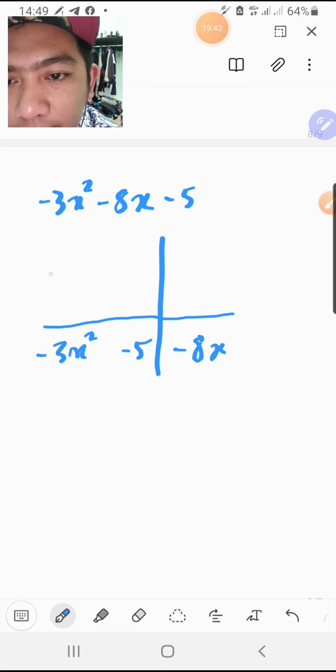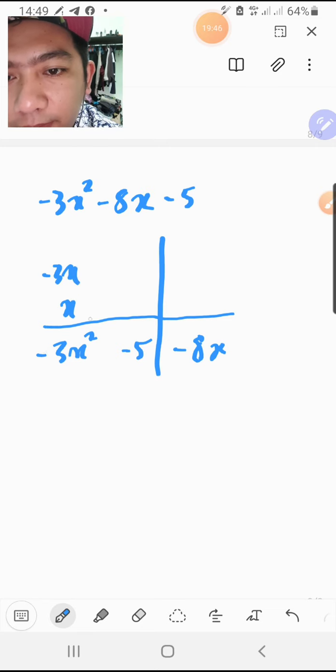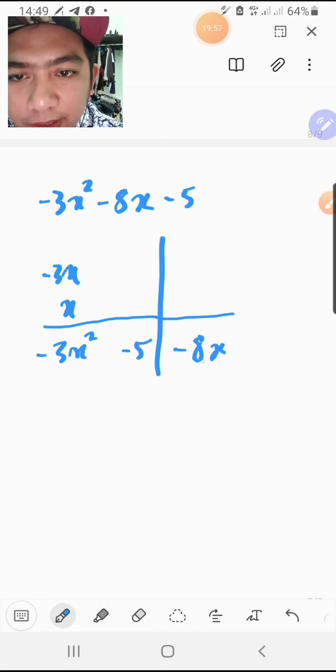Okay, now kita try negative 3x times x. Okay, alright. So negative 3x times x, you will get negative 3x square. So di sini kita mesti dapat negatif F. Actually you boleh teka sudah begini, kan?